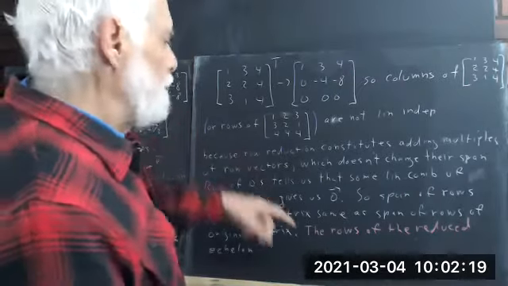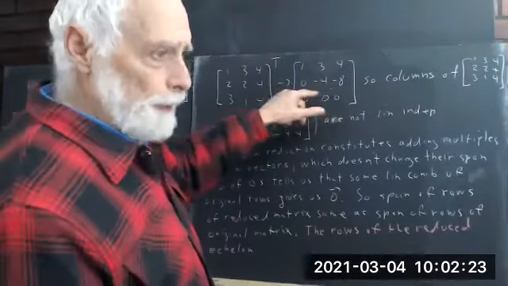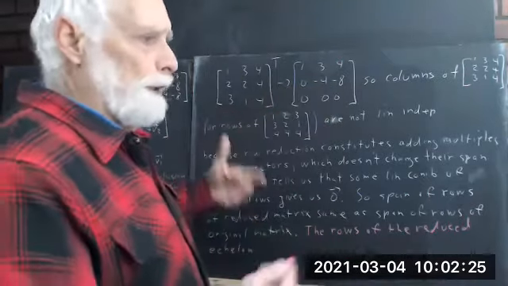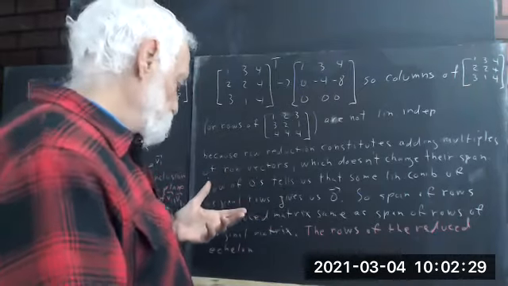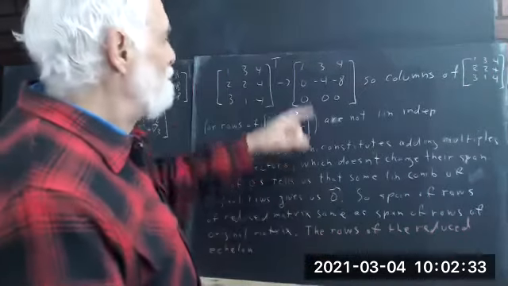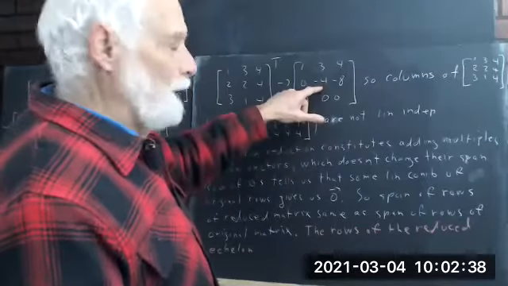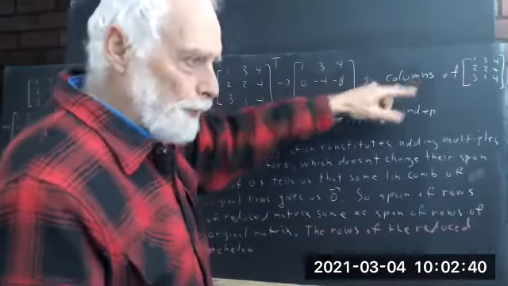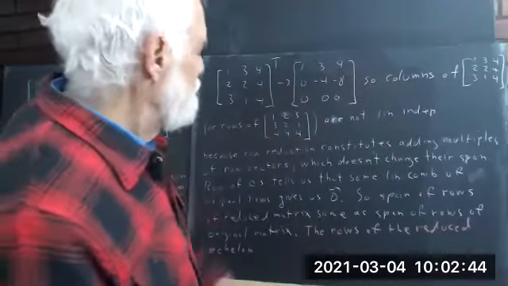If you complete it, do a reduced echelon form, then you have a leading one in every row. It's like you have the leader of that row who keeps everybody else in line. And whoever's here is responsible for the whole row being empty to his left and so forth.